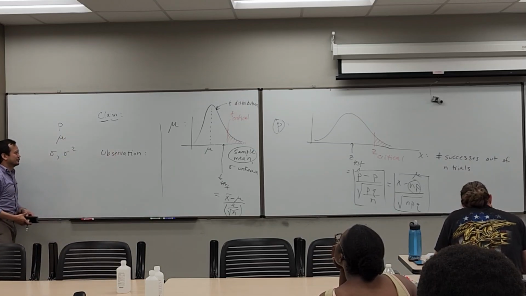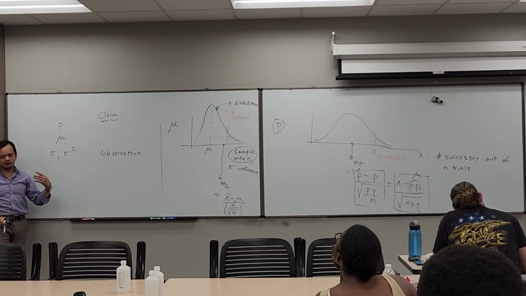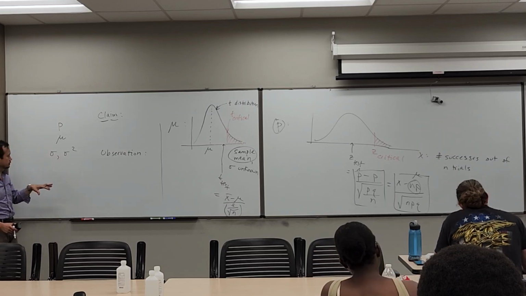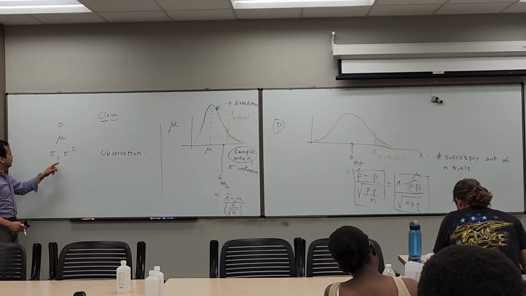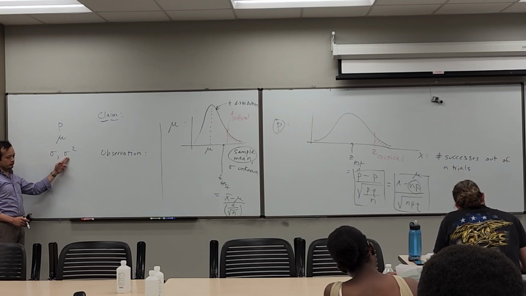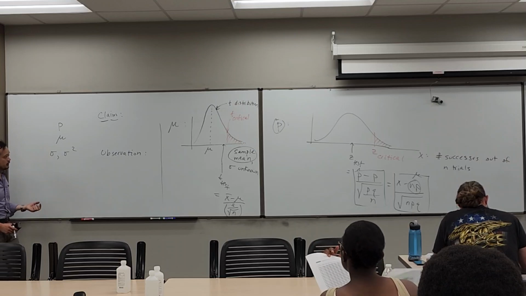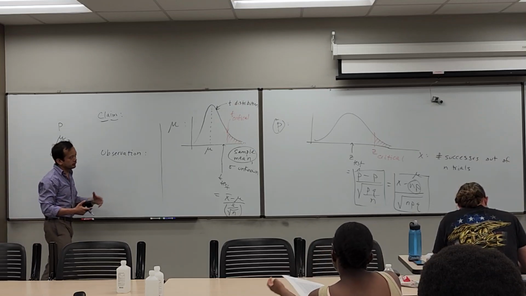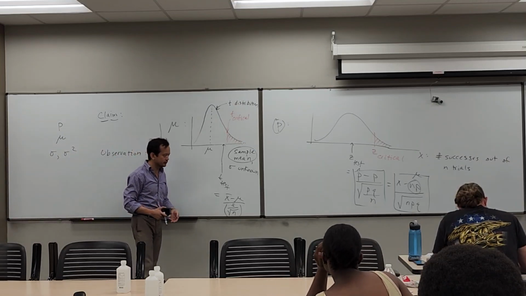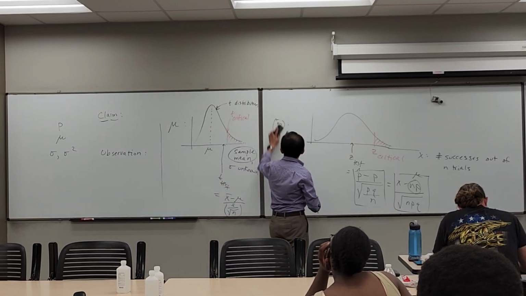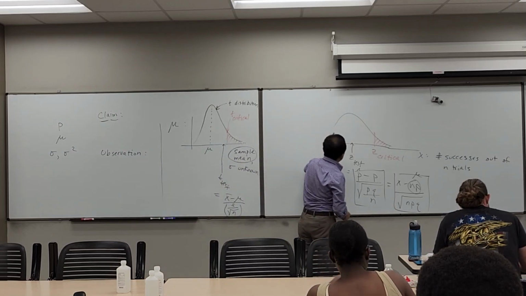Okay, good, very good. So this should ring some bells from when we were doing confidence intervals for this type of variable, measuring a standard deviation or variation or variance. And remember, when we were doing confidence intervals, the underlying distribution was a chi-square distribution.